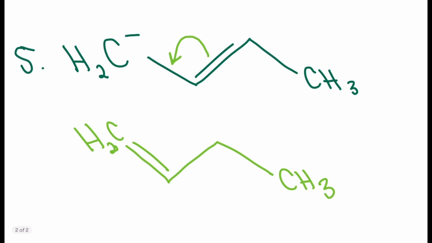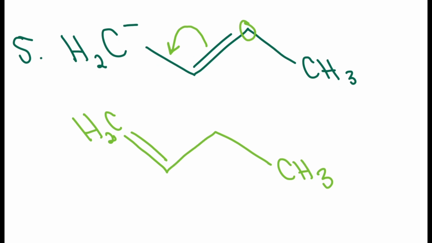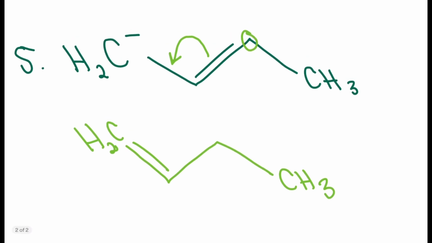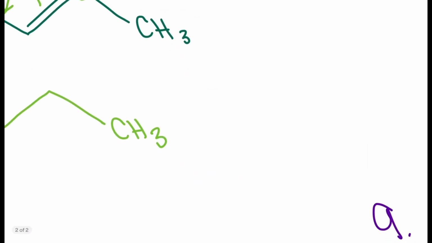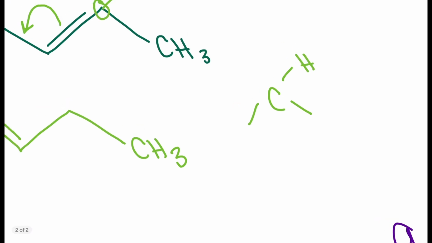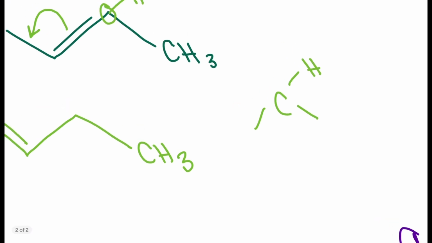But we need to pay special attention to this carbon right here because we moved the double bond. So if we were to draw this out, this has a hydrogen. So it would look something like this. Remember your octet rule? Carbon can have 4, but it still needs to fill its valence.